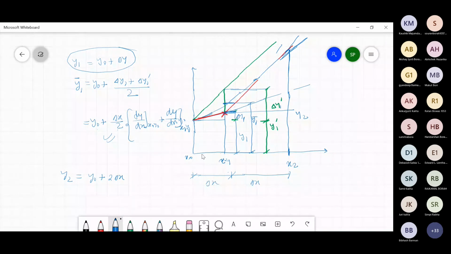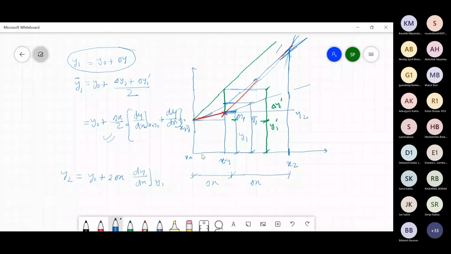That's why 2 delta x into dy by dx, where we are considering at y1. This slope drawn here, I am considering now. Again we have to draw one slope here, so that slope I have drawn here only. That's why dy by dx at y1.